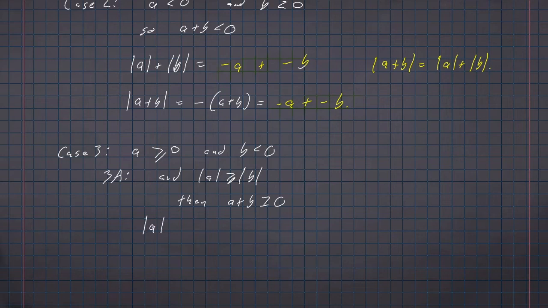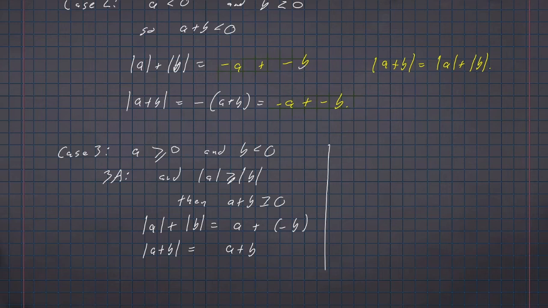So the absolute value of A plus the absolute value of B is A plus the opposite of B, and absolute value of A plus B is, well, A plus B. With that, I'm going to think about what does it mean for an inequality to be true?